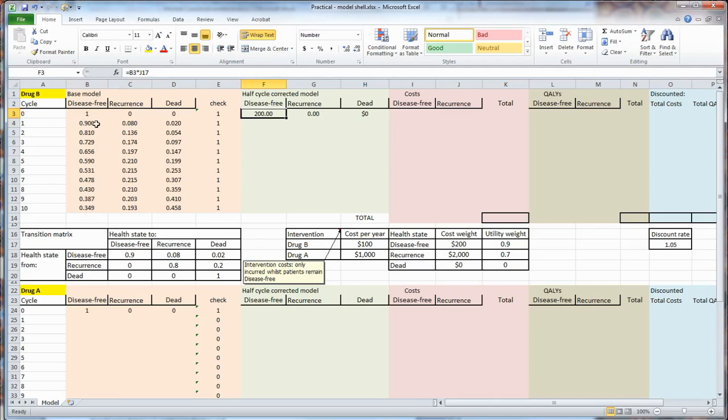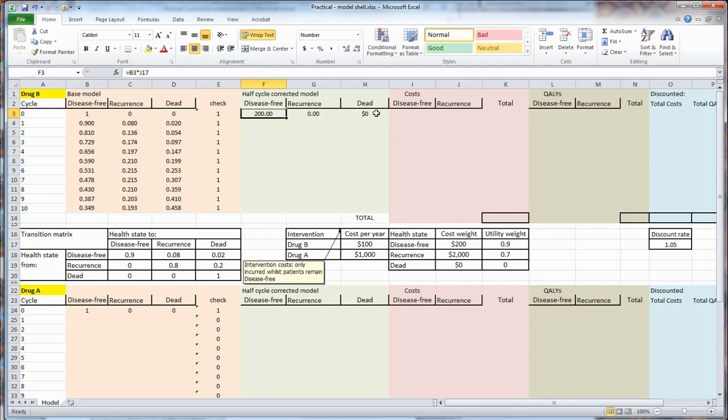But that's an unlikely scenario, that everyone who experiences a recurrence experiences that recurrence right at the end of the cycle. On average, we'd expect that those 8% of patients who experienced a recurrence would have experienced that recurrence halfway through the first cycle. So they'd have spent, on average, half a cycle in the disease-free state and half of this cycle in the recurrent state. But the way we've set it up here is we're assuming they remain the whole cycle in disease-free.